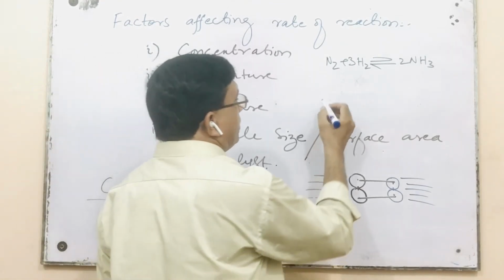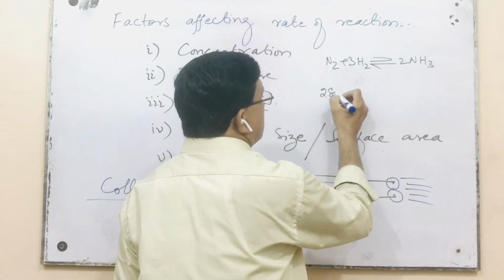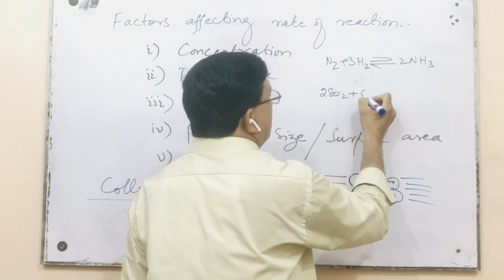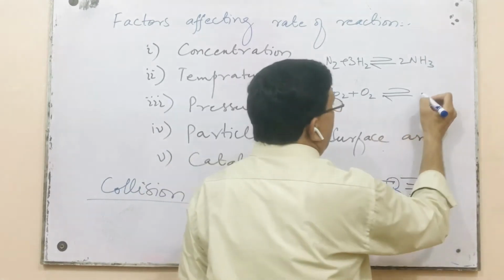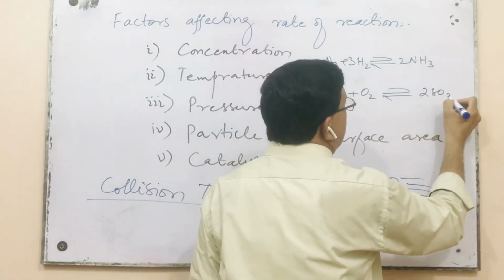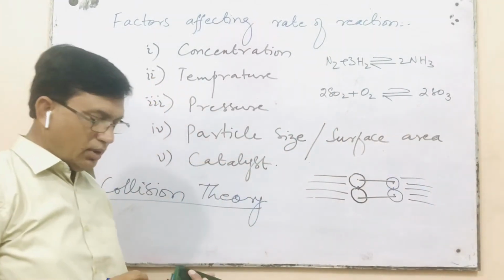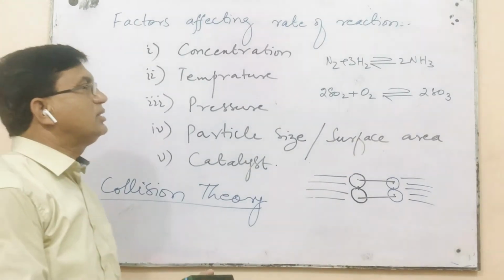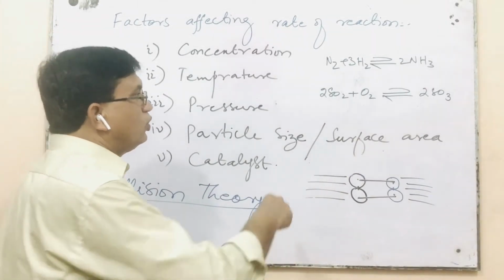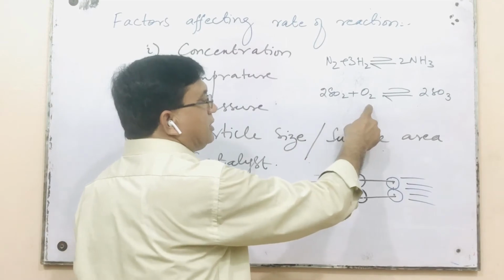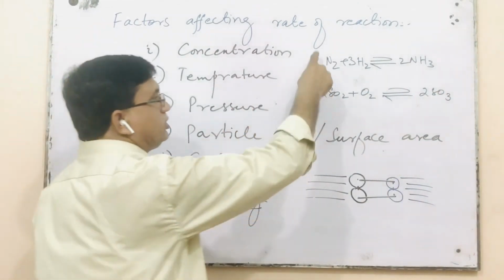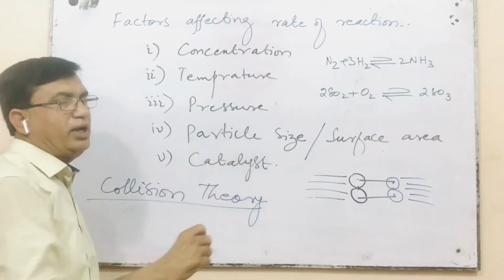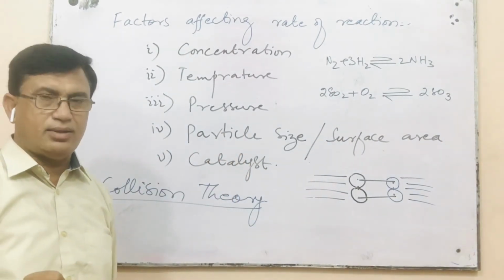Similarly, in the contact process, sulfur dioxide reacts with oxygen and produces sulfur trioxide. Both of these reactions are ones in which reactants and products are gases. That's why in this type of reaction, the effect of pressure is significant.